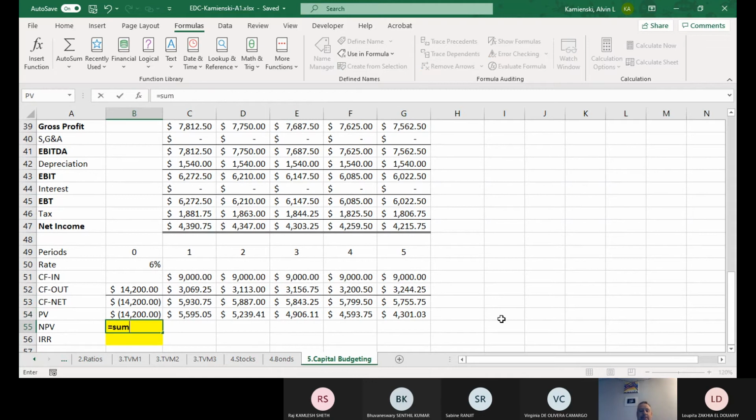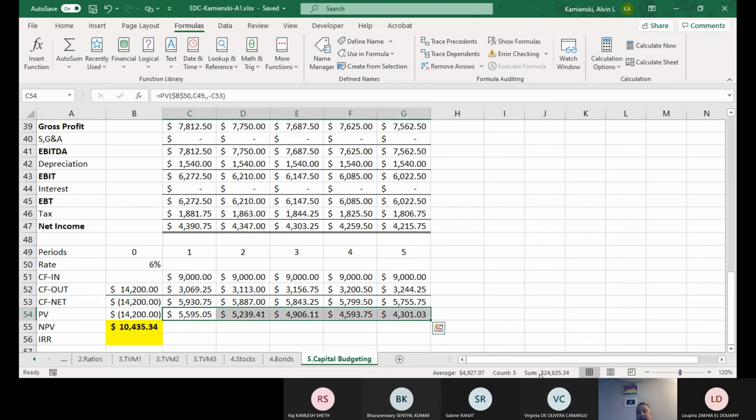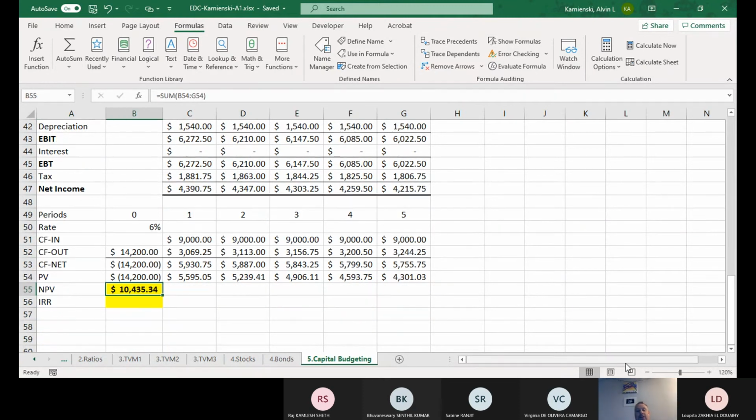So the NPV is just equal to the sum of all of your present values. So in essence, what we see is it costs us $14,200 right now. We get back approximately $24,000, which means 24 minus 14. This is a project that gives us a positive NPV of $10,000.